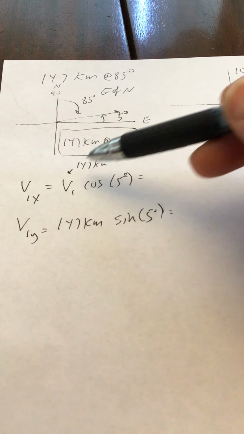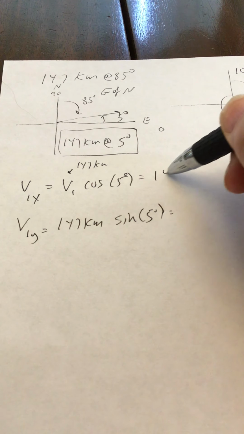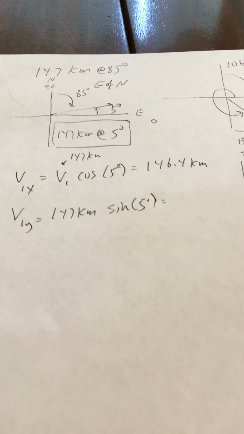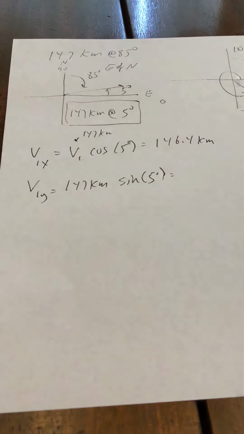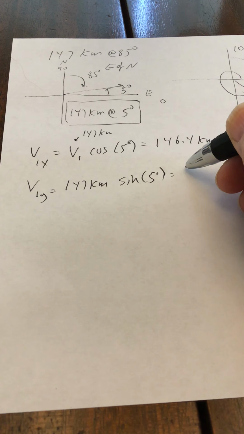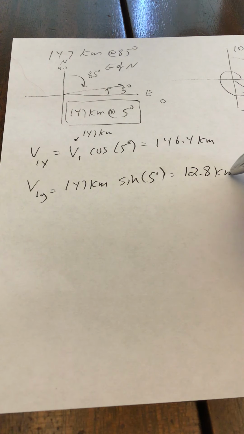All right, 147 times cosine of 5. So you should have gotten 146.4 kilometers. And for the second one, you should have gotten 12.8. Now, does that seem reasonable?